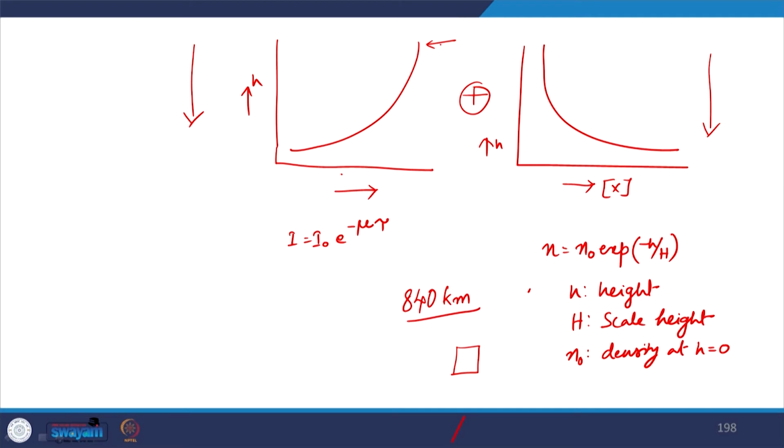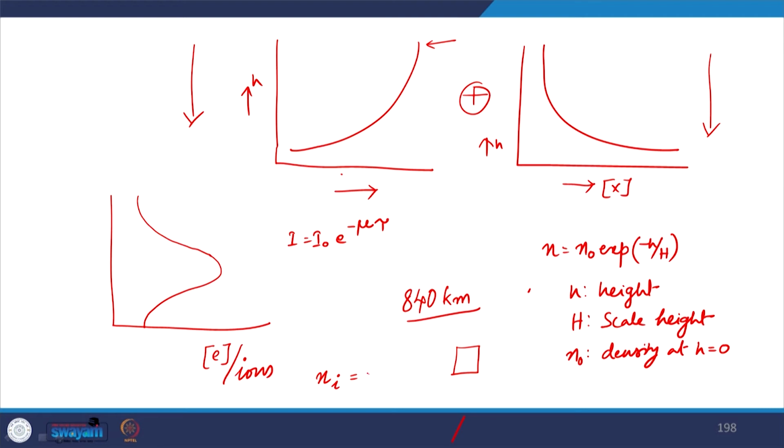So when you combine these two plots, what you will see is that at some point the rate of ionization will increase drastically as the photons travel into the denser atmosphere, but there has to be a balance. What you see here is the number of electrons or ions, because we are always going ahead with the assumption that the number of ions is equal to the number of electrons, right.